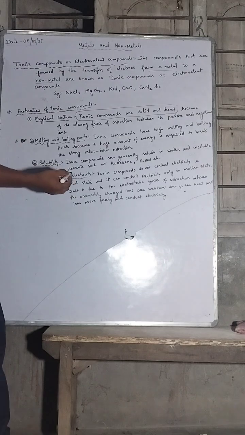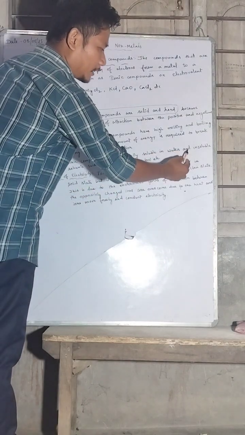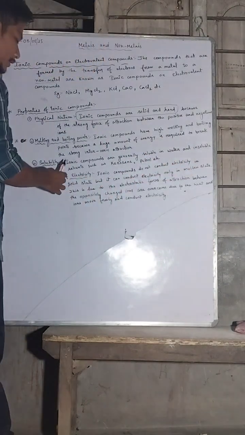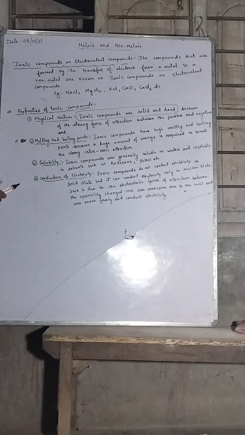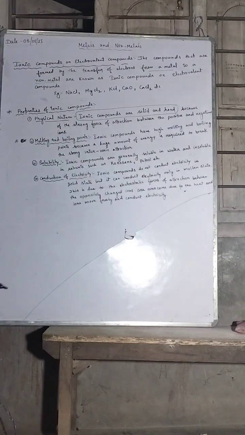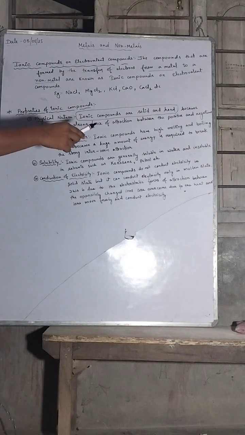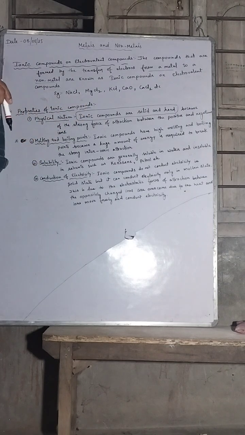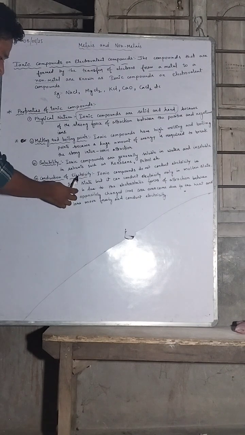But the point to be remembered is that they are insoluble in solvents like kerosene and petrol. However much you try to mix them in kerosene and petrol, ionic compounds will never mix. They are insoluble.